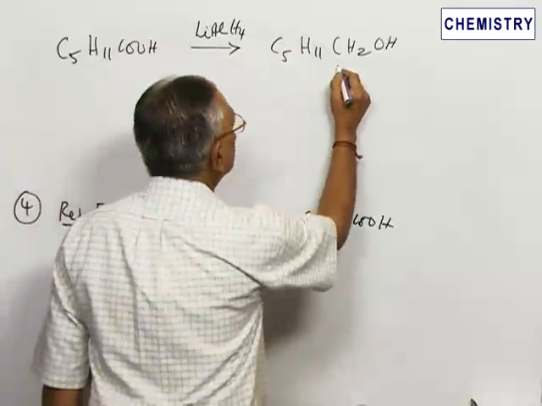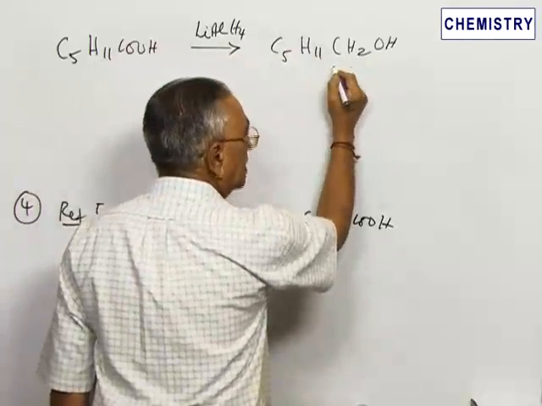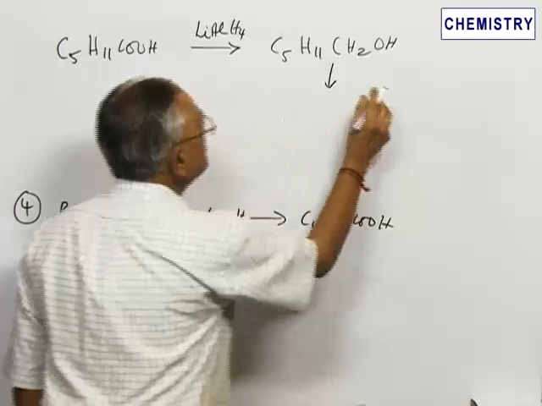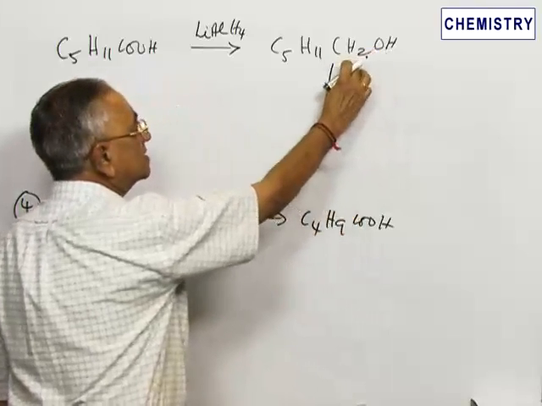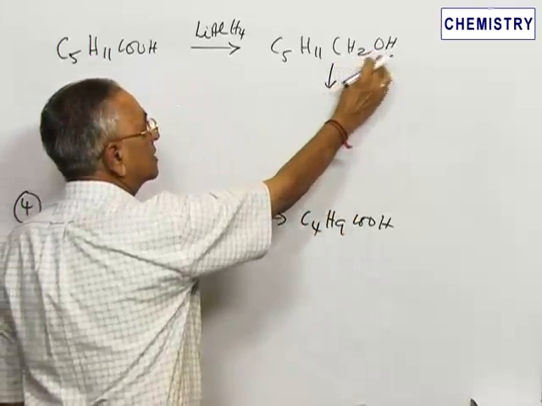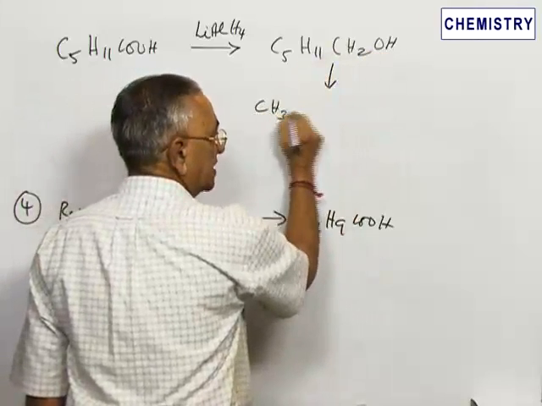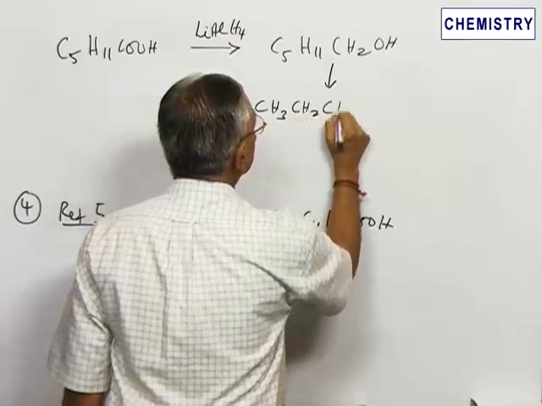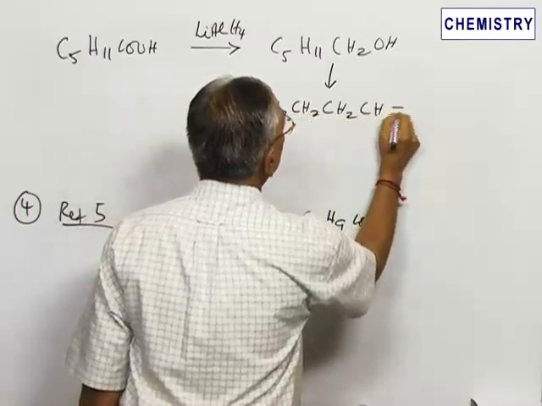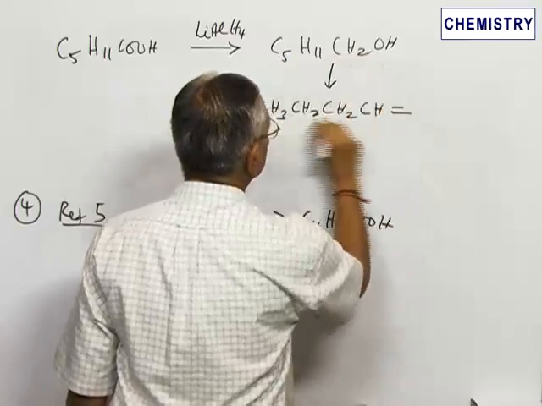So this alcohol can undergo dehydration because this is a primary alcohol, a terminal alcohol. Therefore, this will lose a molecule of water to give rise to C4H9, CH3, CH2, CH double bond. There are 6 carbon atoms here.